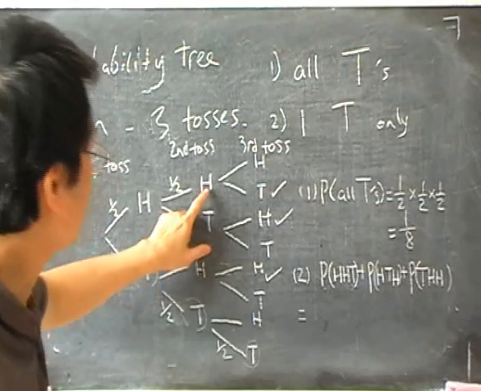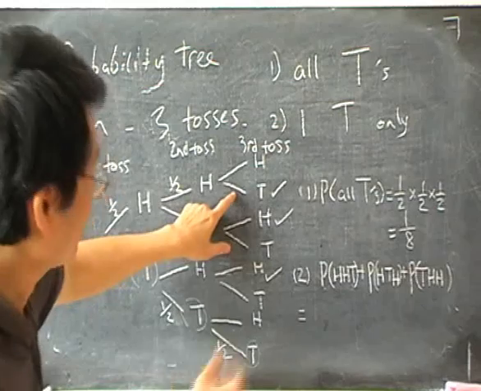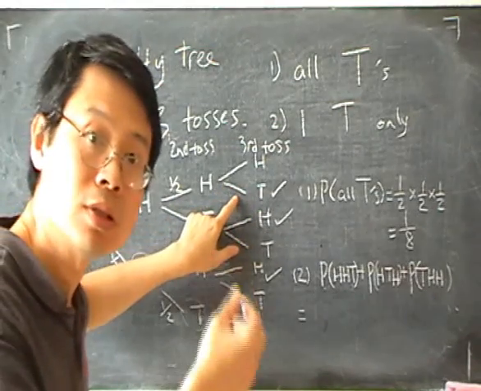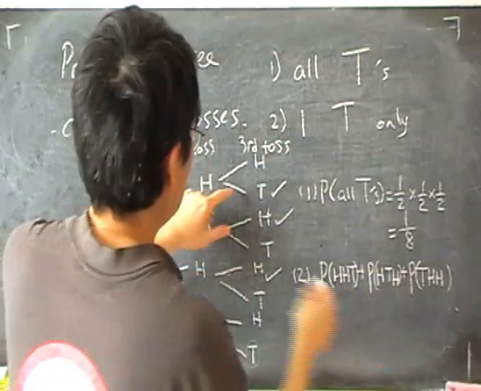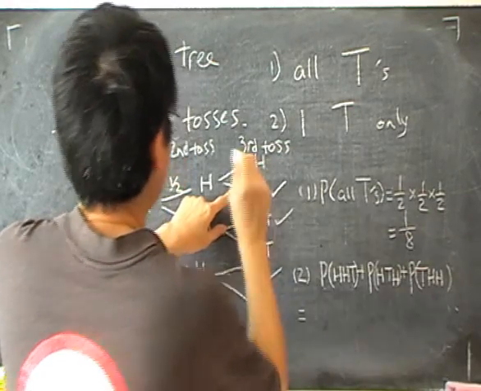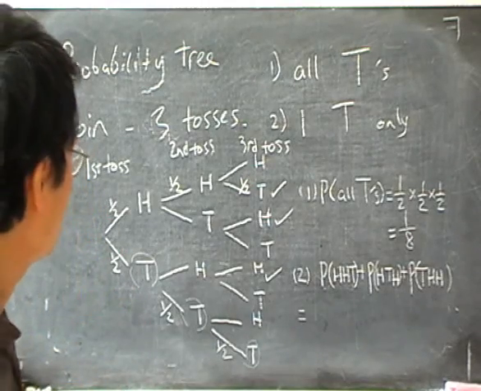So the probability of getting a head is half. And after that, when I do the third toss, I want to know the probability of getting a tail. Again, that's just a toss, and the probability of getting a tail is also half, just like any other toss.